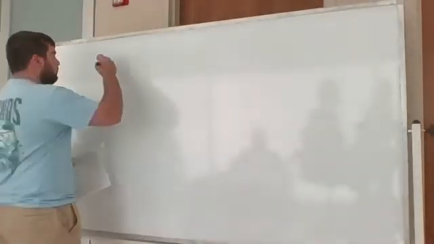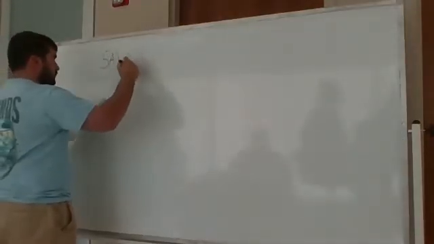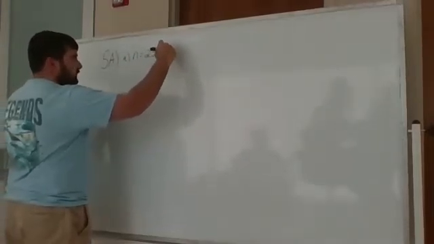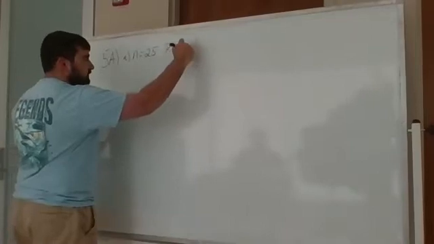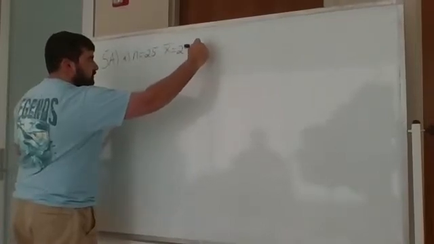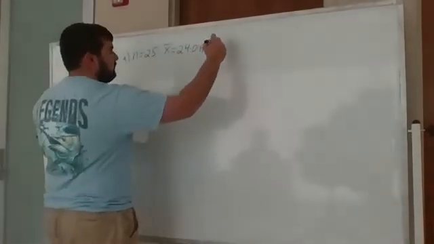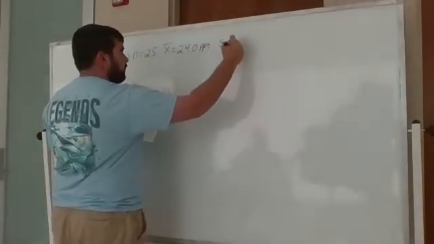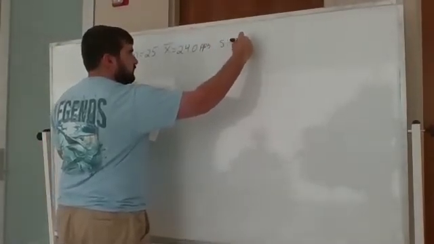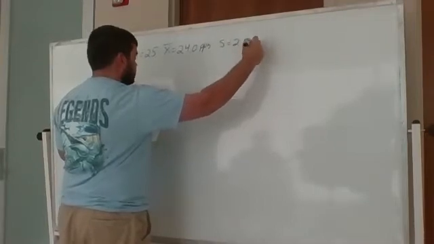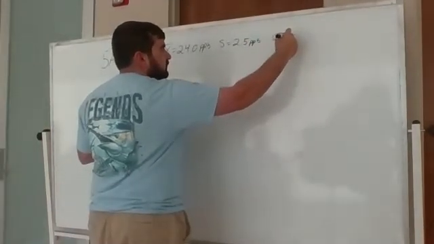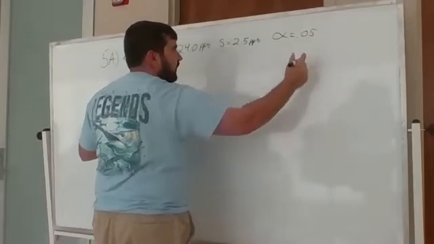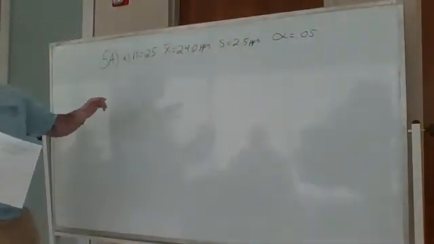Okay, so this has a sample of 25, sample mean of 24 parts per billion, sample standard deviation of 2.5 parts per billion, and then an alpha of 0.05 because we want 95% confidence.